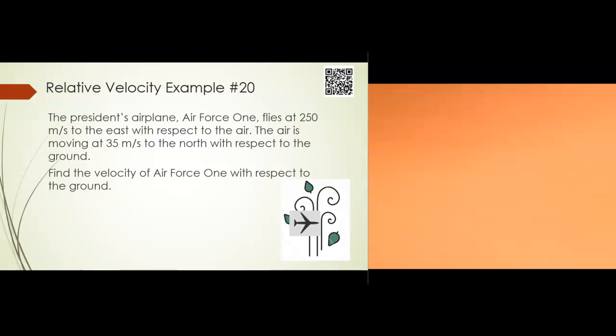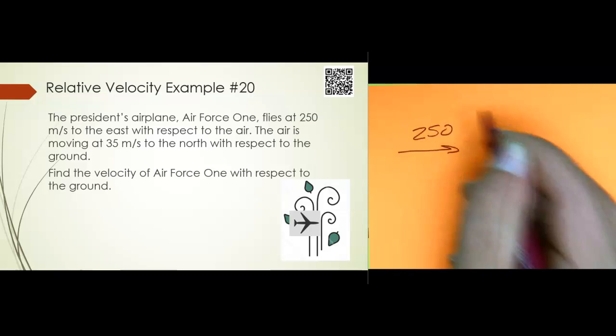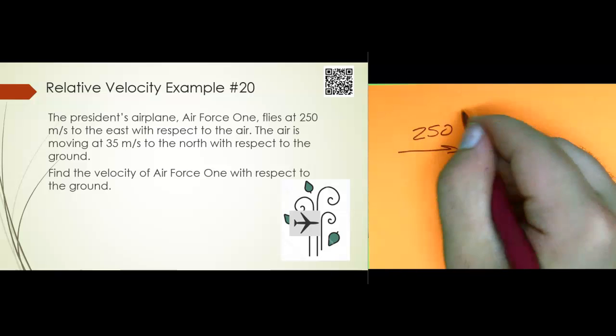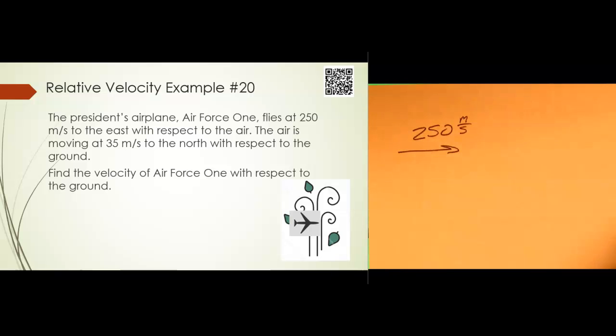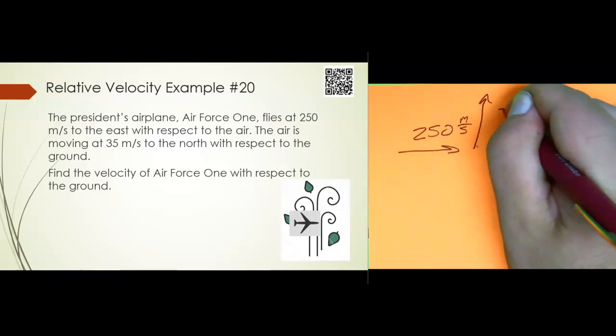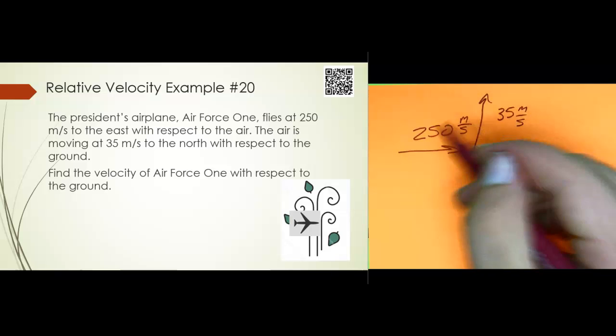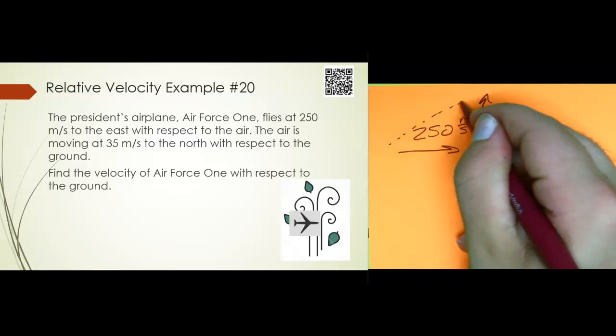Okay, so this problem is very similar to the last problem we just answered, right? Okay, so the plane is flying 250 meters per second east. Okay, and then the air is moving 35 meters per second north. So first I got to find my hypotenuse.